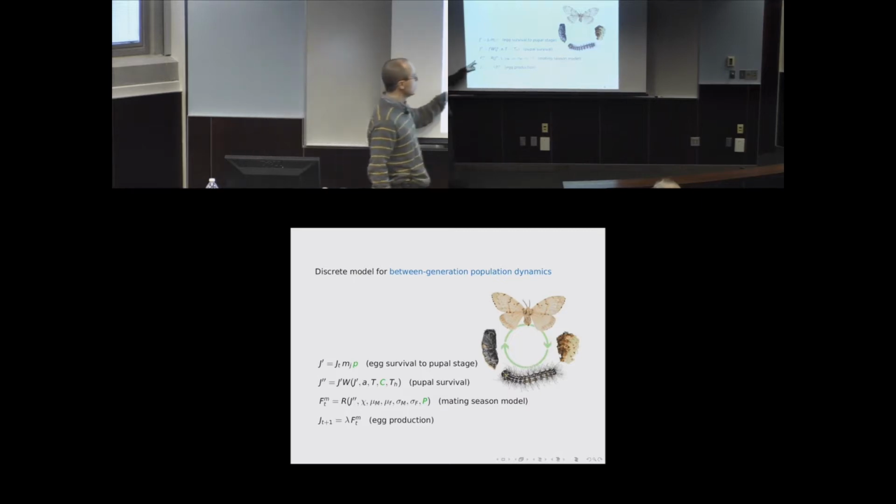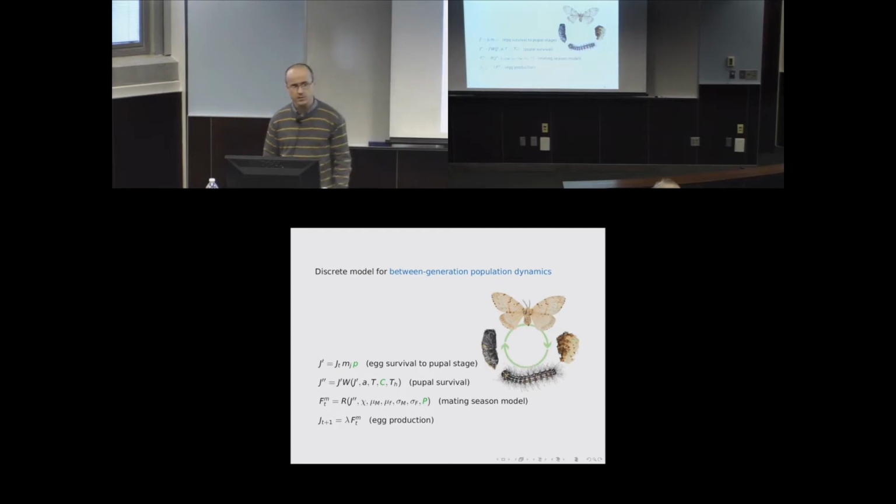And finally, we have reproduction, so that the pupae eclose, and we have a function which describes the mating between males and females, and the result is the number of mated females during the season.